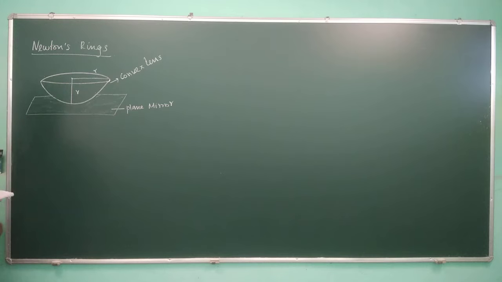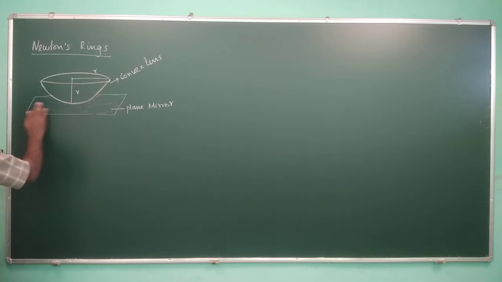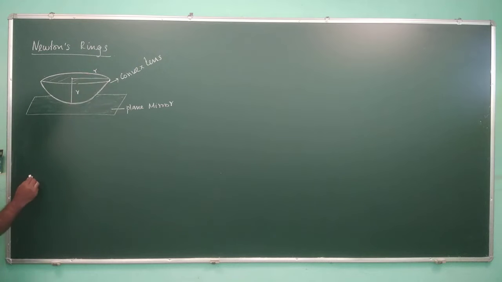Here we can notice the convex surface which is in contact with the plane mirror. So this is the three-dimensional diagram. If you look into it, we can draw it in a two-dimensional diagram. So this is the plane mirror and it is convex lens.